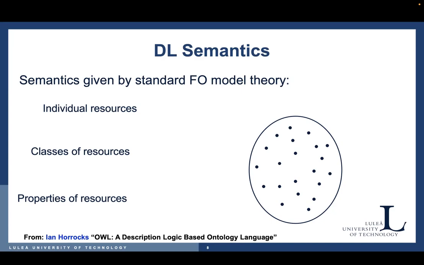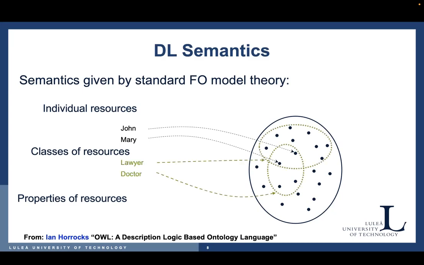We are about creating a description relevant to first order semantics. It means that we have individual resources, which we should create. We have classes that, according to certain common properties, unite different individuals.